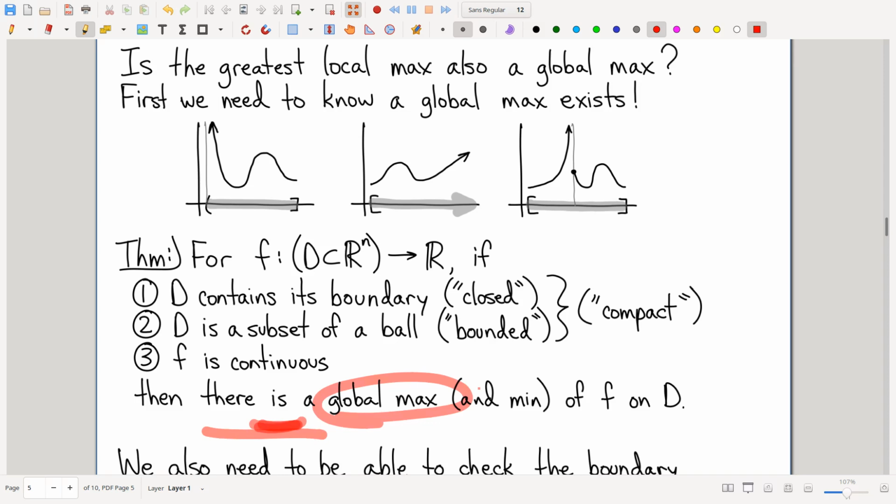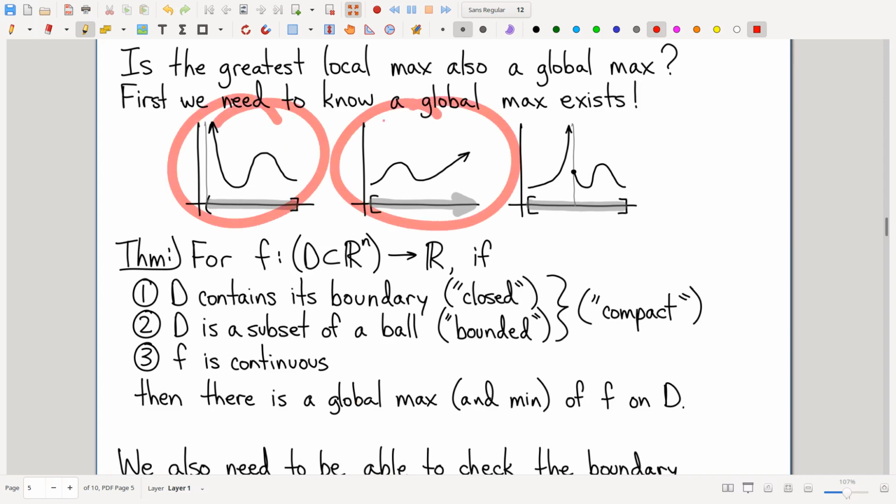Now, how does this theorem work? Well, it's a long discussion, and we don't have time for this. But roughly speaking, there are really only three things that can go wrong. Again, I'm not going to talk about how to prove that. That's not what this class is. But you can see if you have an open end, it's possible the function just keeps getting bigger and bigger. Or if it's unbounded, the function could just be getting bigger and bigger. Or if it's allowed to have discontinuities, then even in the middle, it could just keep getting bigger and bigger.